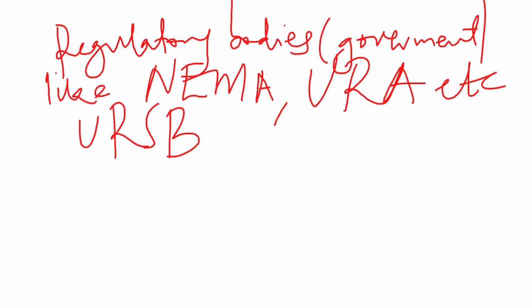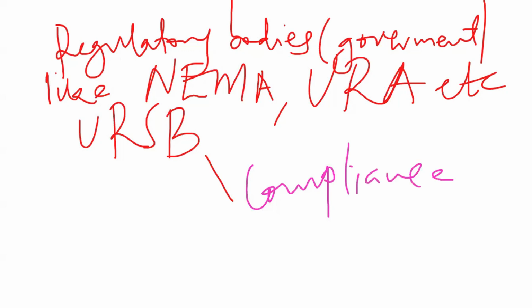So there are other things they are interested in in the business. Since there are many government agencies, we are now using regulatory bodies interested in compliance. All of these guys are interested in compliance. If it is NEMA, are you compliant? Are you not setting your business in wetland areas? Are you following the environmental rules that they set in place?